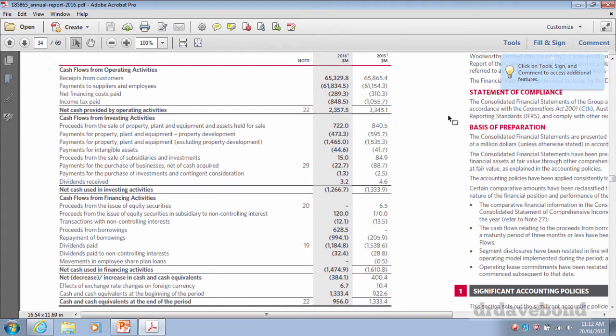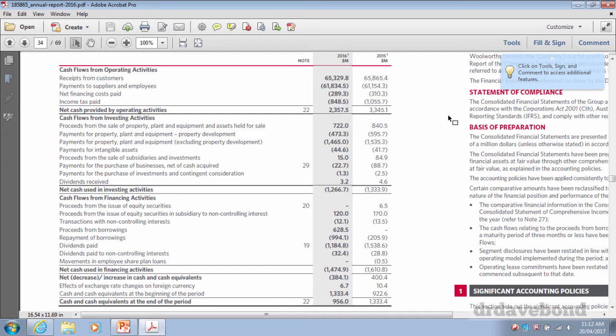Okay, so this is Woolworths' statement of cash flows. There are a couple of things to start off with. We've got operating activities, investing activities, and financing activities. So they've divided them up into three main sections.